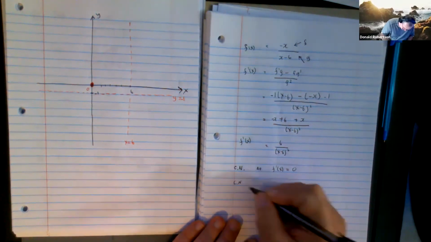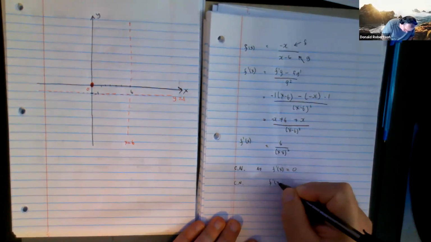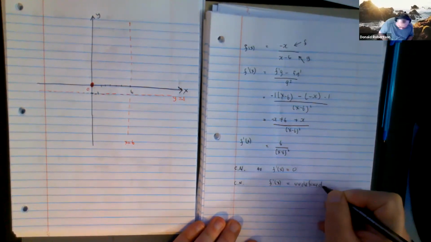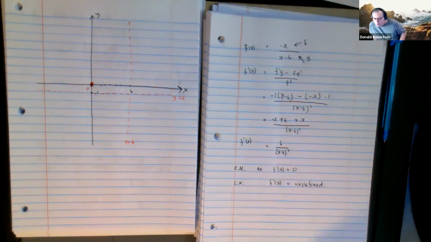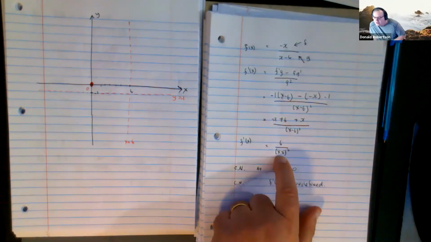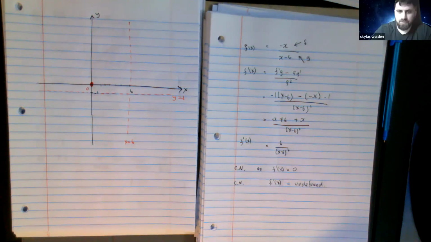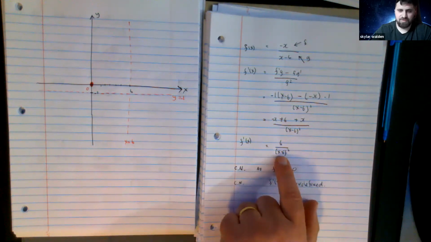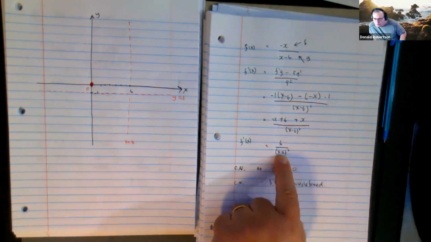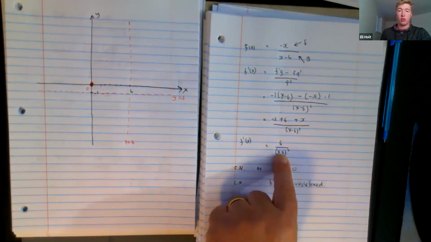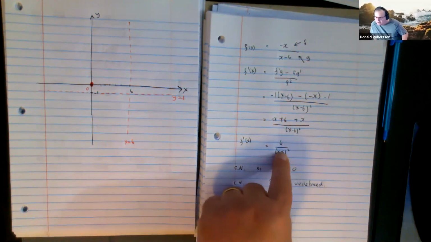Okay. But it still has a different kind of critical number, because aren't critical numbers also places where the function is undefined? What value of x is this fraction undefined? 1. Not number 1. What value of x would make this not 1? What would make this a bad number? 6. Yeah, right. Make it 0 in the bottom, right? 6.